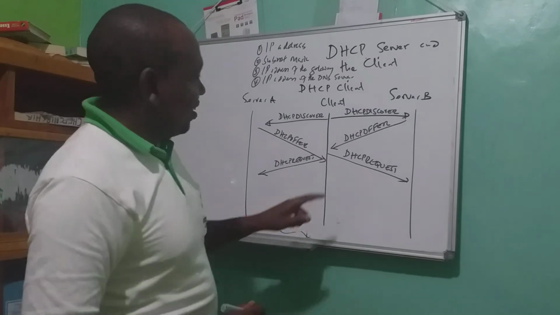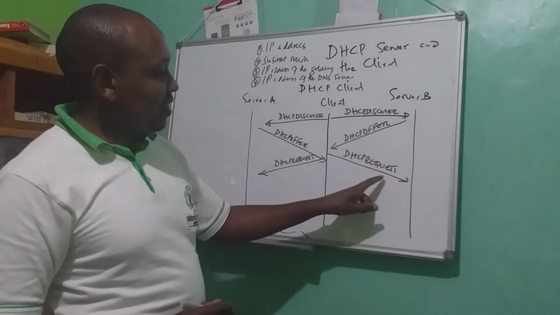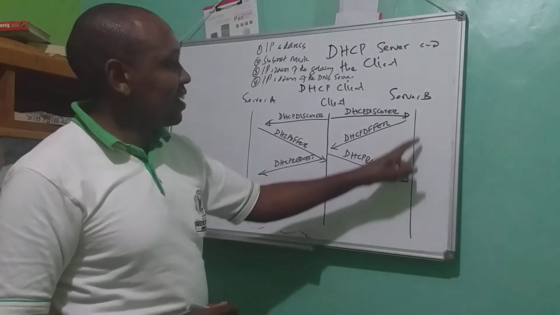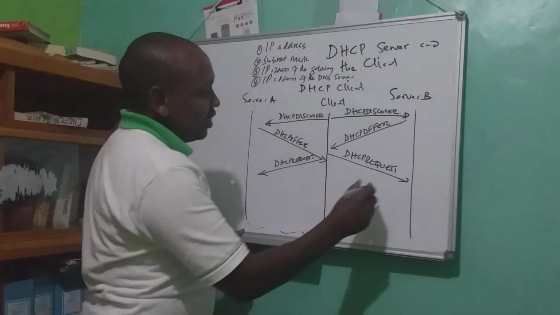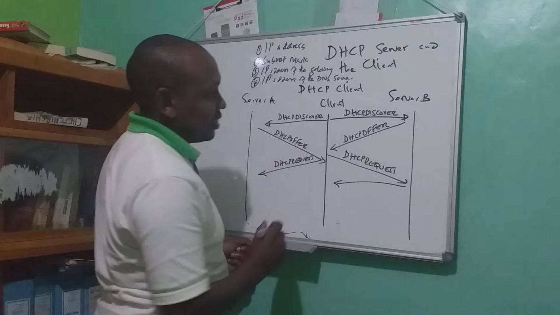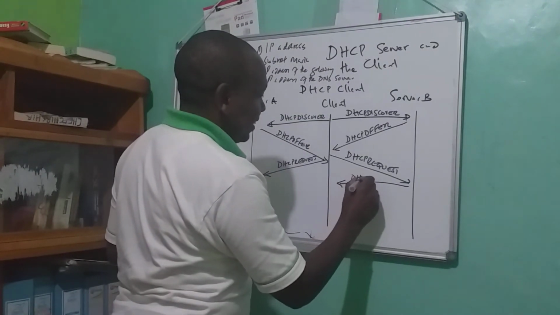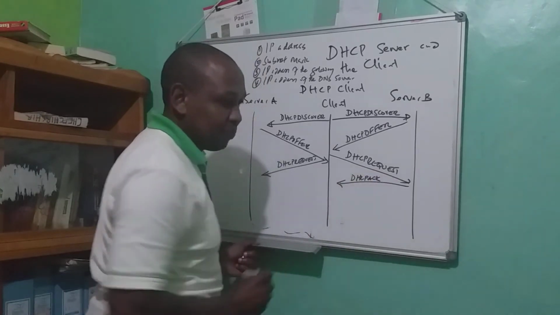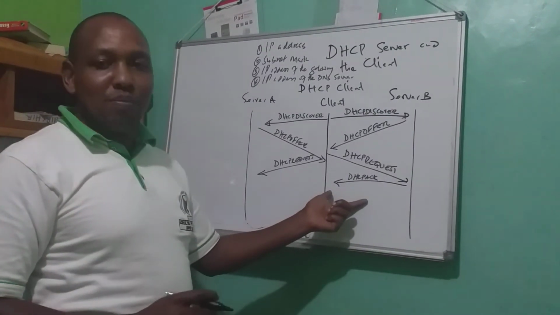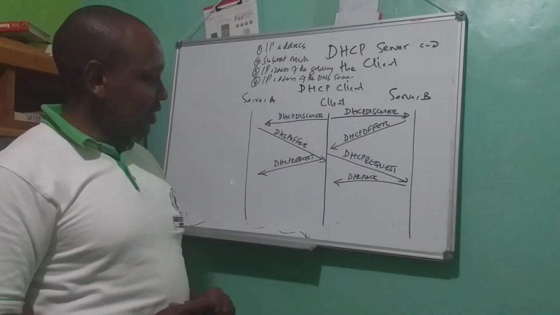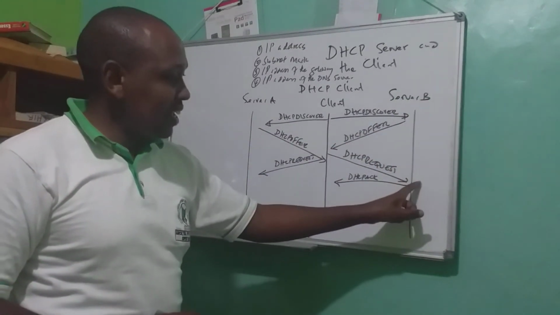And therefore, it is only this server that will acknowledge the request because it has the parameters that this client is requesting. So server B will respond with DHCP acknowledged. That means that you can now use these parameters. It is allowing this client to use the parameters that it has.